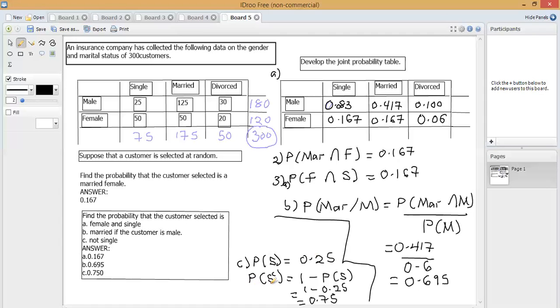Now the probability of single complement is equal to 1 minus P(S), which means 1 minus probability of single. So not single is the same as saying 1 minus single, which gave me 1 minus 0.25, and I have 0.75. So this is how to solve this question.